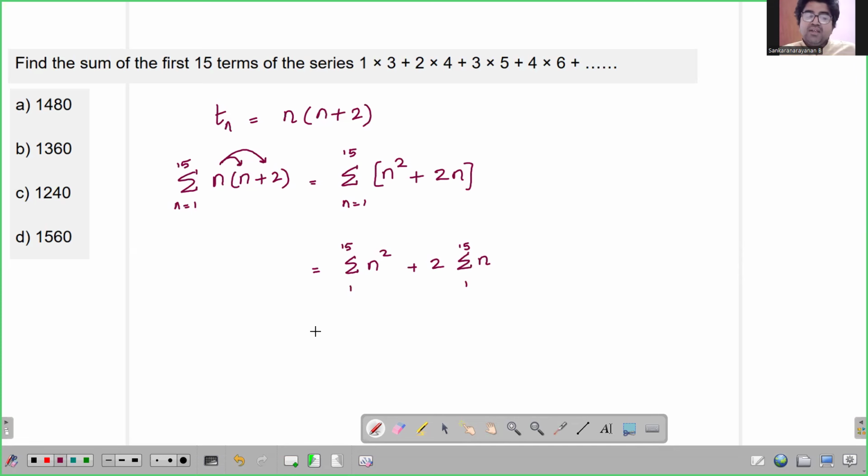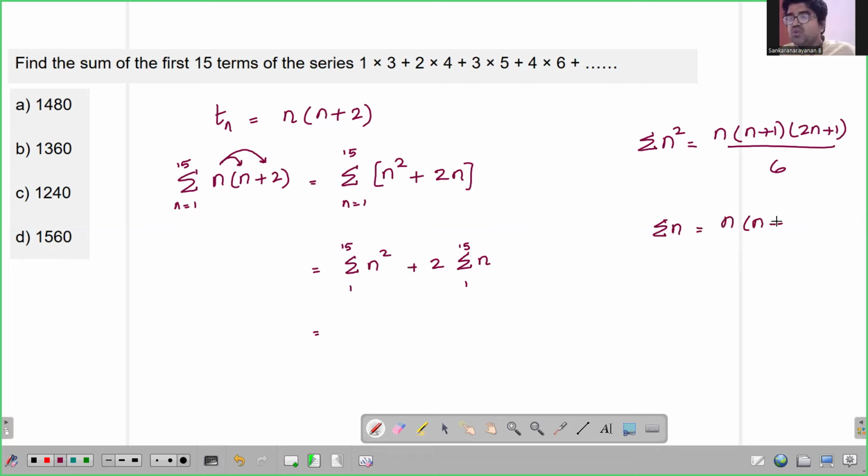Got it? You know that sigma n square is the sum of squares of the first n natural numbers. It is n into n plus 1 into 2n plus 1 whole divided by 6. You know that sigma n, the sum of first n natural numbers, is n into n plus 1 divided by 2.